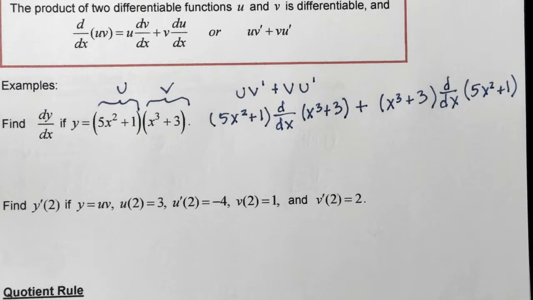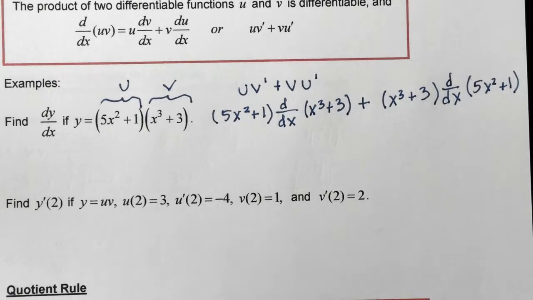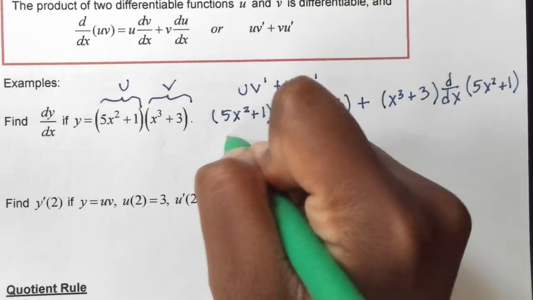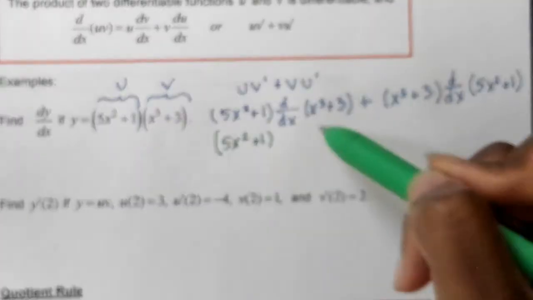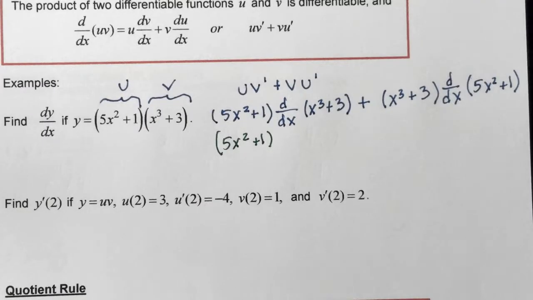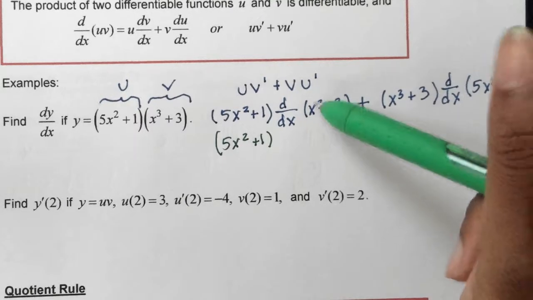Okay, now using our rules from part 1 notes, we're going to find the derivatives and simplify this problem. So we have 5x squared plus 1 times the derivative of x cubed plus 3. We know that we can use the derivative rule of powers, right?